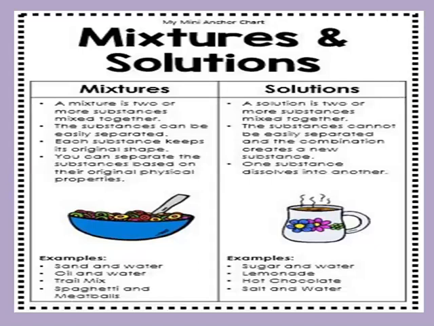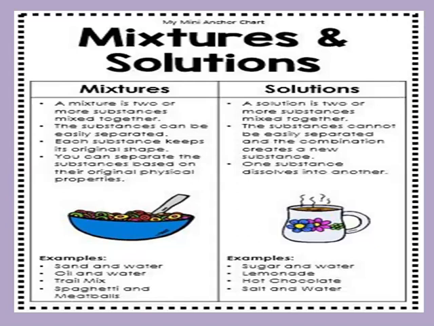When we discuss mixtures and solutions, both are formed of two or more substances mixed together. But the substances can easily be separated in the case of mixtures, whereas the substances cannot be easily separated in the case of solutions, as the combination is a new one.